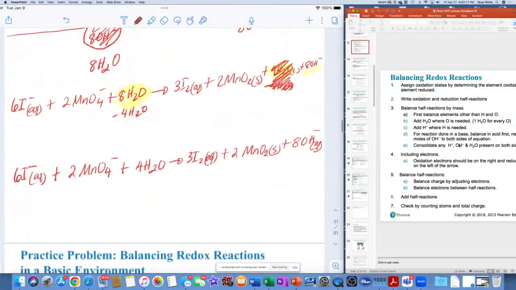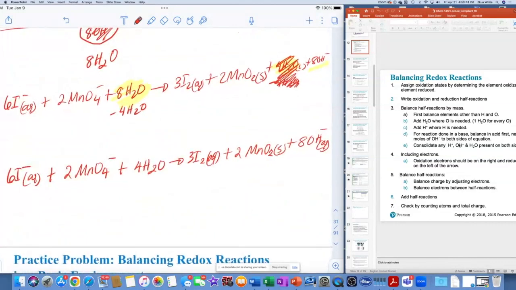Okay, let's check to make sure everything is okay. As far as charges are concerned, I have 6 minus added to 2 minus on the left side, which makes a total of 8 minus.